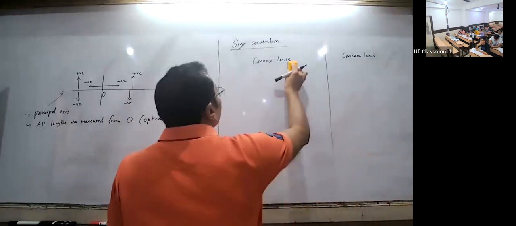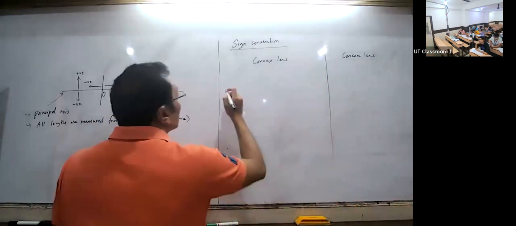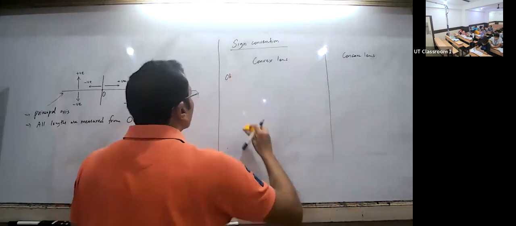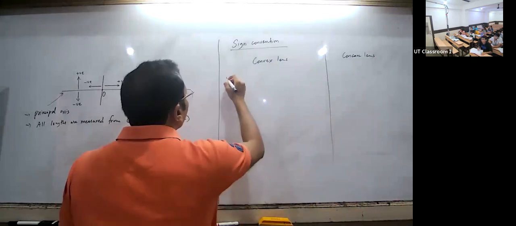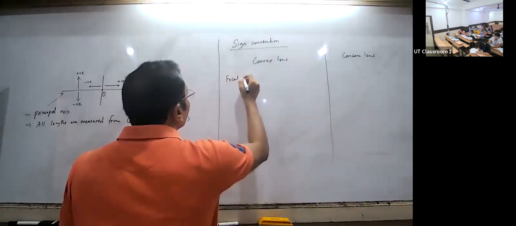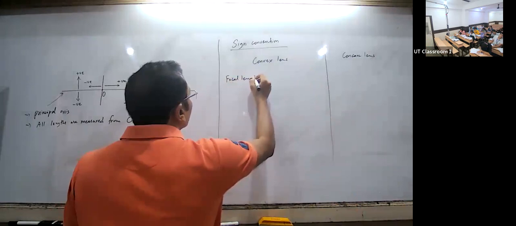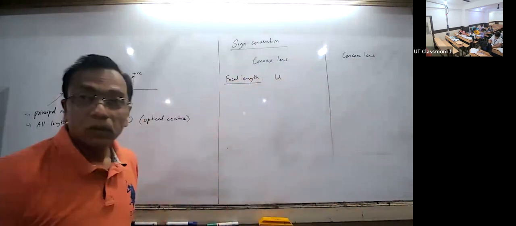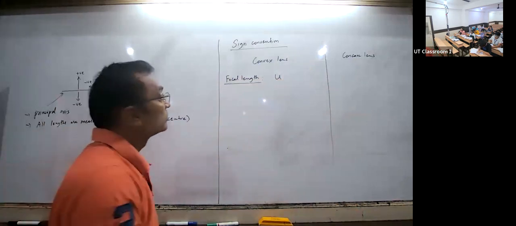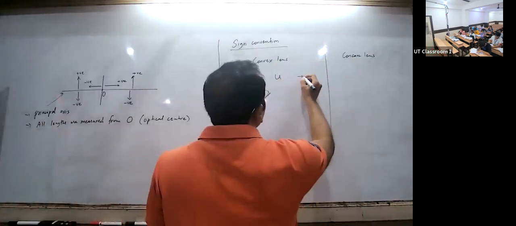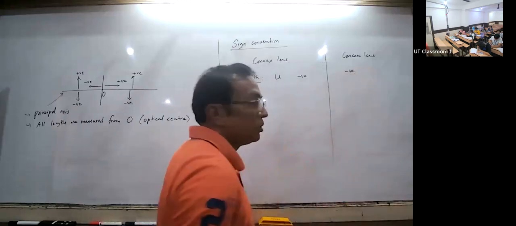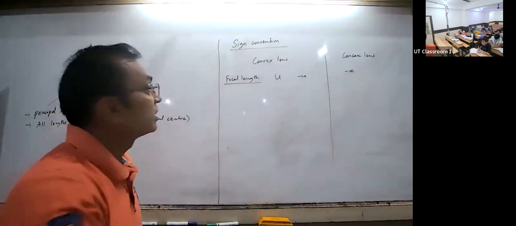First start with focal length, then U. What is the sign of U? Always negative. U is always negative, irrespective of the lens.